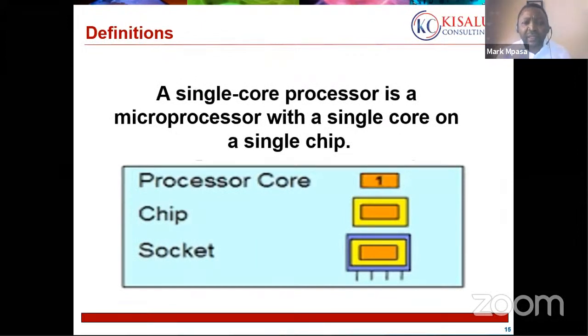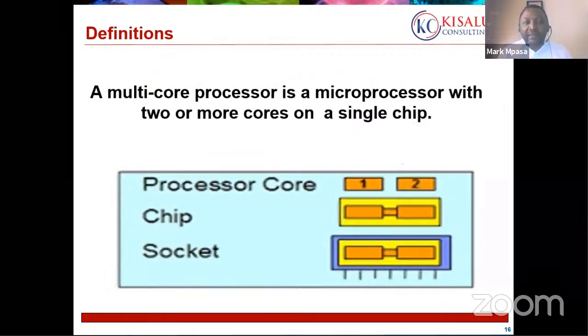As another view of the same definition, a single-core processor is a single core on a single chip, like we've seen previously. And a multiple-core processor is two or more cores that are attached to a single chip.